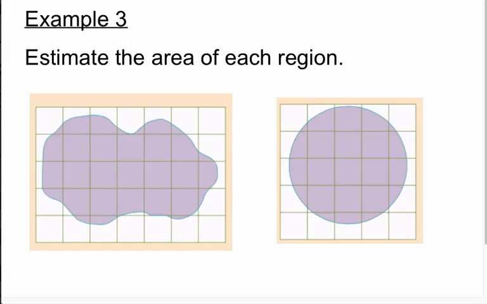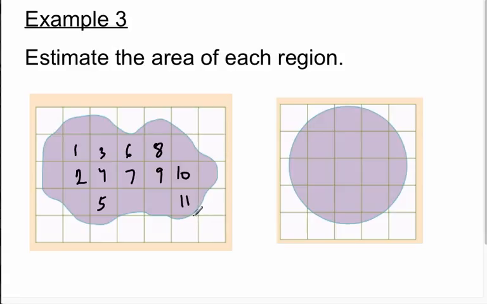Alright, let's look at some irregular regions. If you want to estimate the area of a region, you can use a grid to estimate. And now we're going to count, let's start counting whole areas or wholly shaded squares. We have 1, 2, 3, 4, 5, 6, 7, 8, 9, 10, 11.